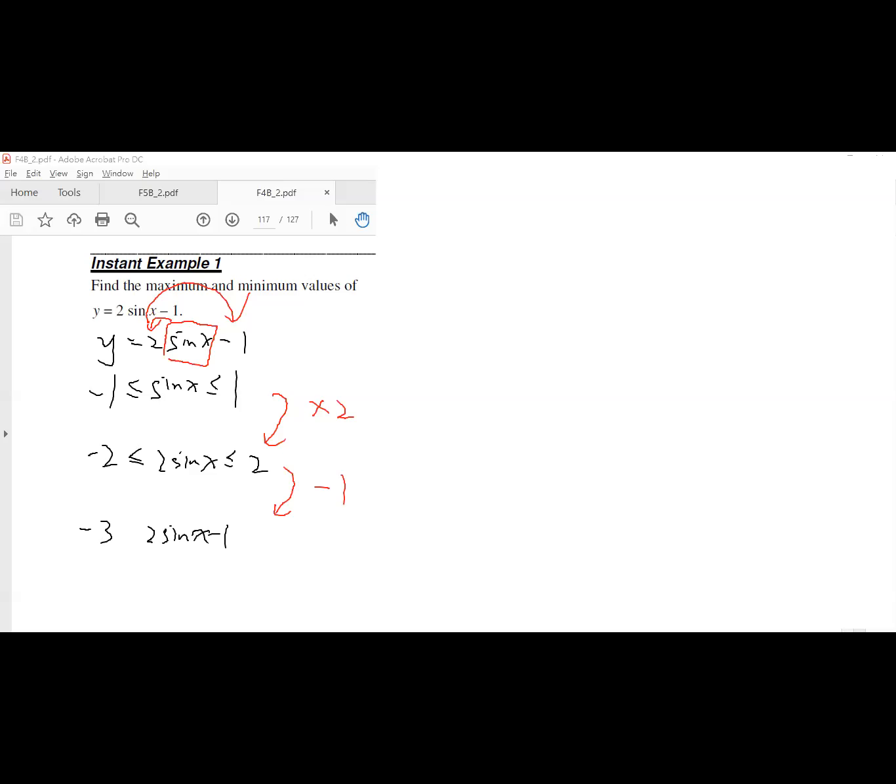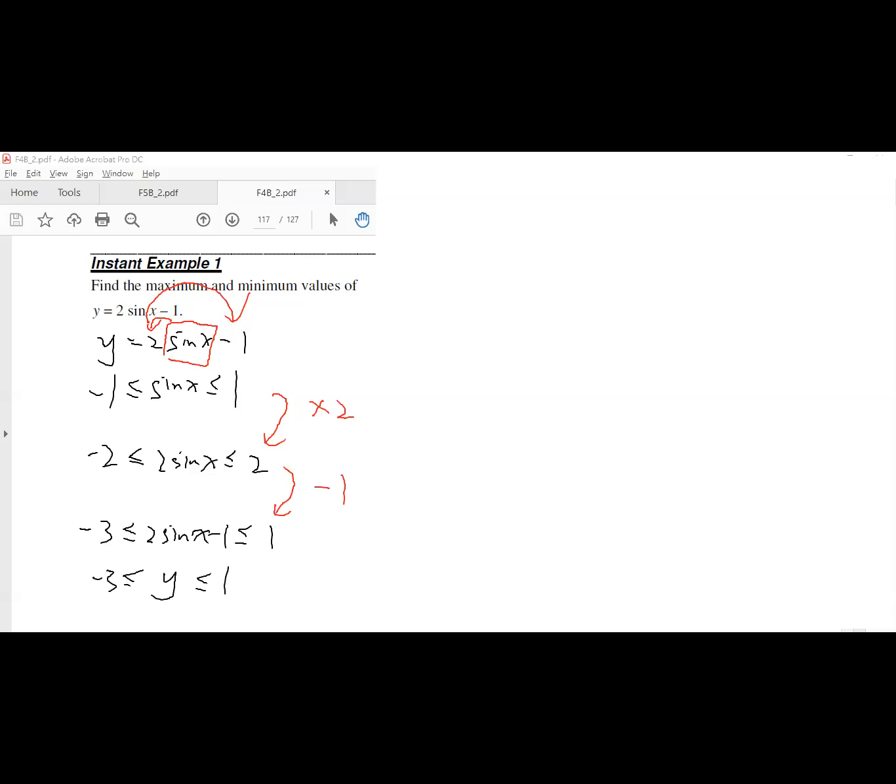That is 1. And again, when we add numbers or subtract numbers to the inequality, we do not need to change the inequality sign. So that is just less than equal to, less than equal to. Okay? Now, the middle part has come to the destination. So we change the middle part to be the function y.